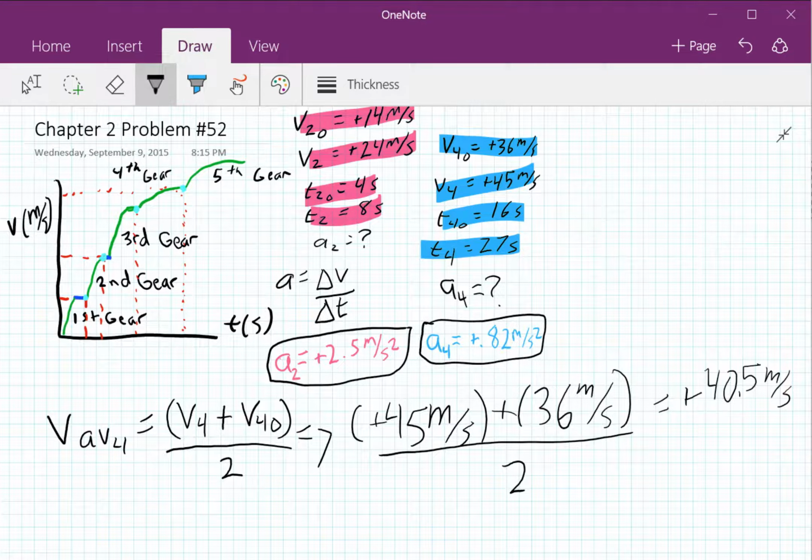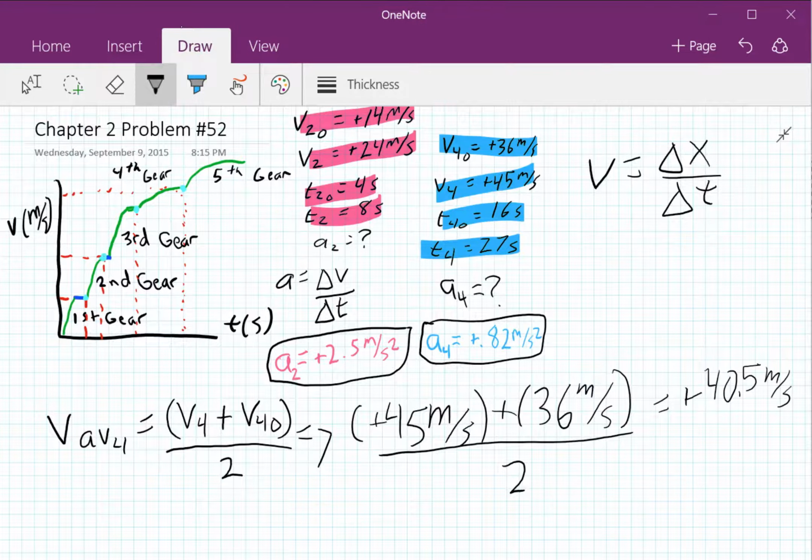Now that velocity is needed in order to find out the distance, okay, because you're going to use velocity equals delta x over delta t. You already know the delta t because you know that you had 27 seconds for your final, 16 seconds for your initial, so that's 11.